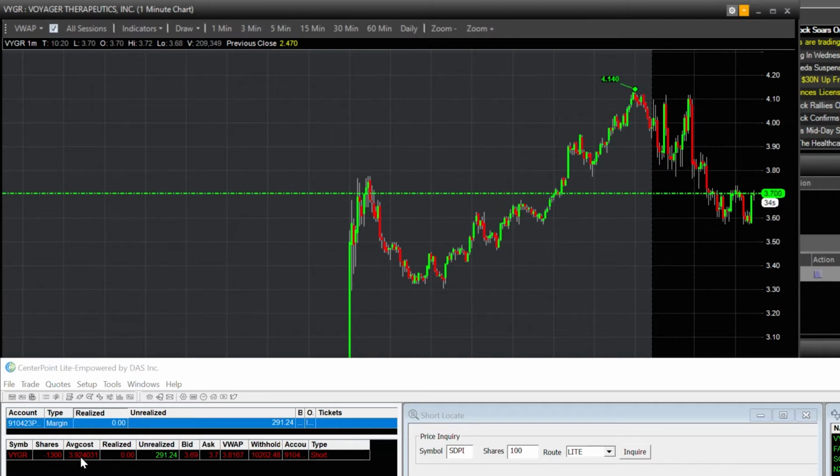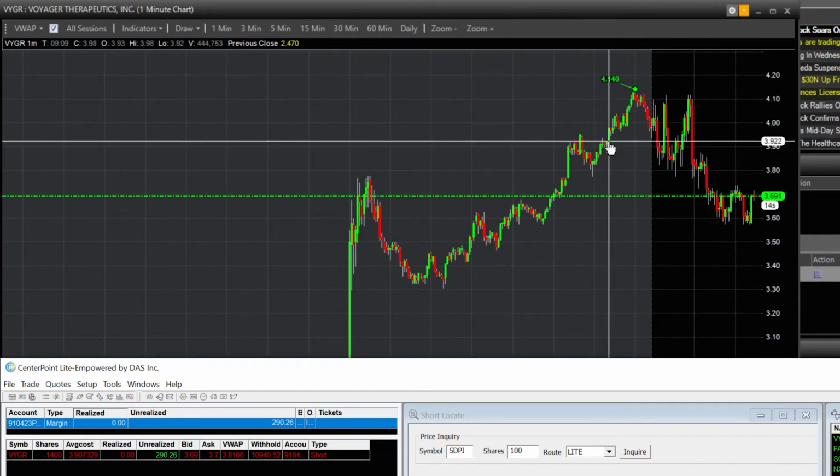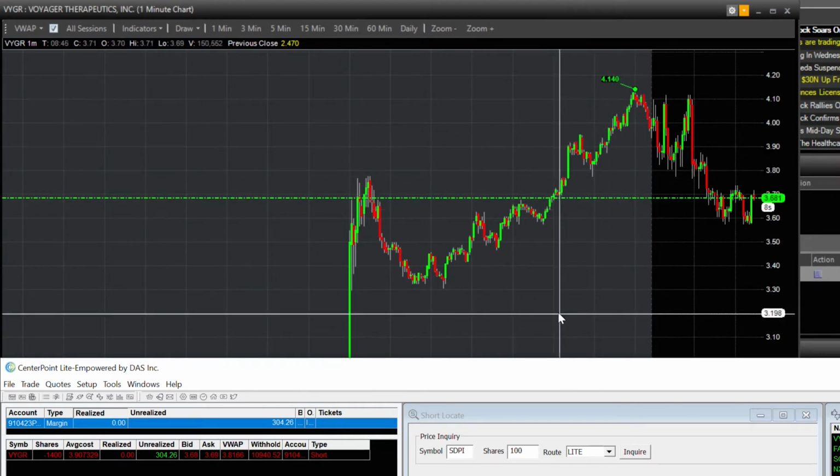So look at it now. My average is 392, but let's say I throw in just 100 shares more. So 100 shares short. See, so my average has shifted a little over 1 cent down. So it was 392 and now it's almost 391 with just 100 shares.